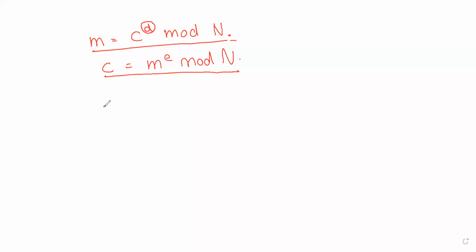Okay, so M equals, you could move out that C and write M to the E mod N, right? And raise that to the power of D mod N, right? Simple plugging, right? So what you could do is ignore that.